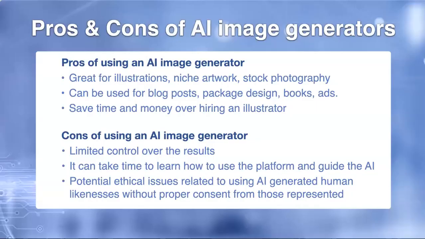So here are some pros and cons of AI image generators. Some of the pros: great for illustrations and artwork and really anything you want to use illustrations for. And of course, it saves time and money over hiring an illustrator. But you do have limited control over the results. That was something that was driving me nutty. Say I wanted to take that rabbit, the rabbit with the missing hat, pretend he had his hat, all was good.